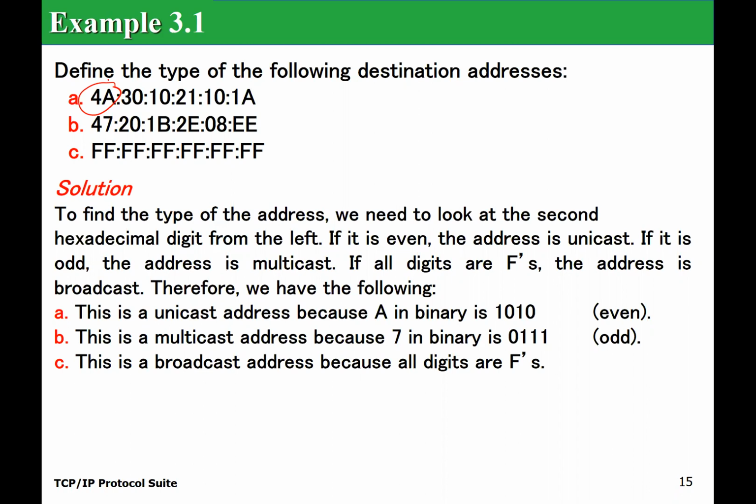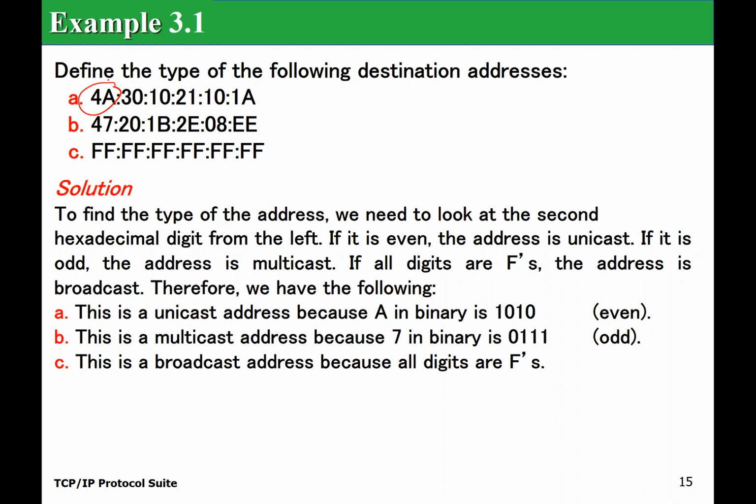What's 4? 1, 0, 0, 0, correct? That's no. 0. Okay, so is that multicast or unicast? Unicast. Why? Because that's 0. Okay, the next example.